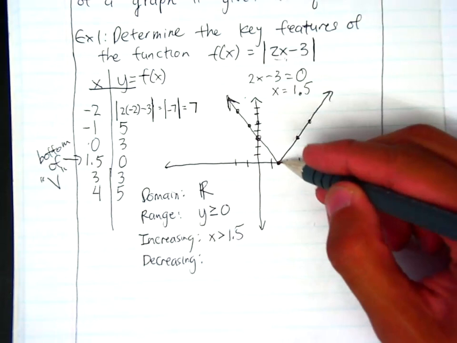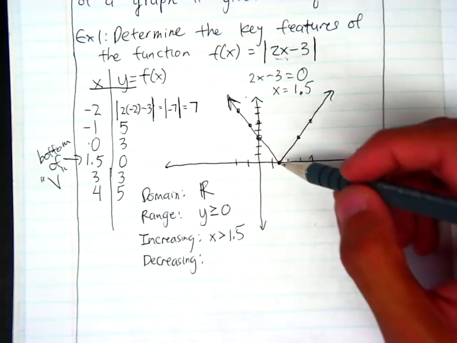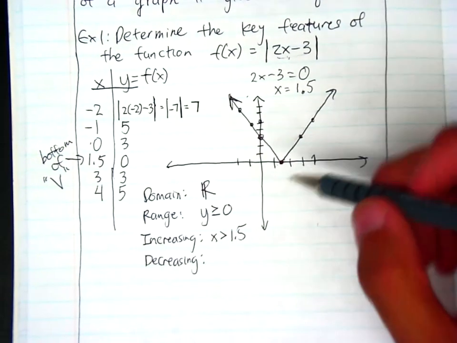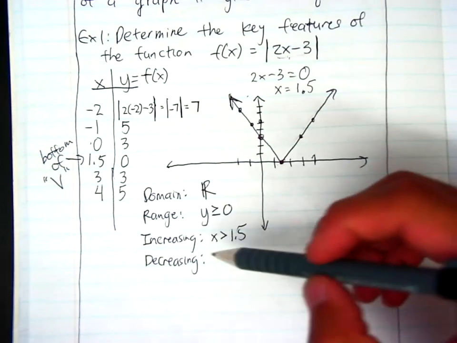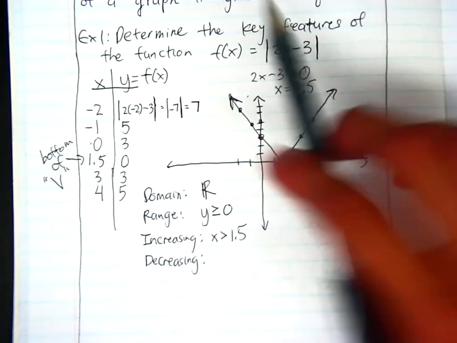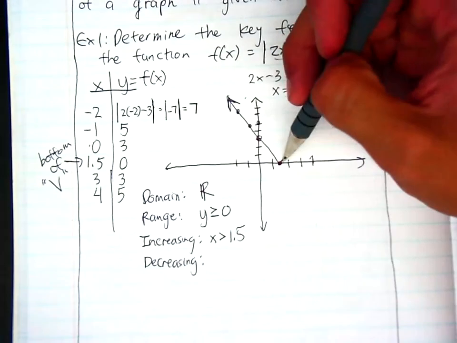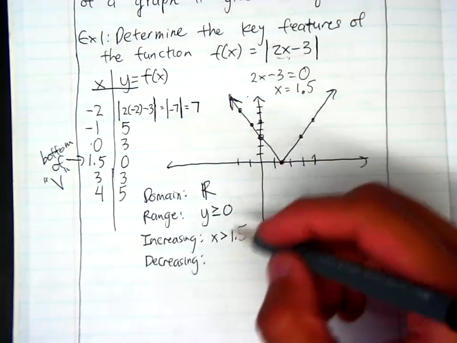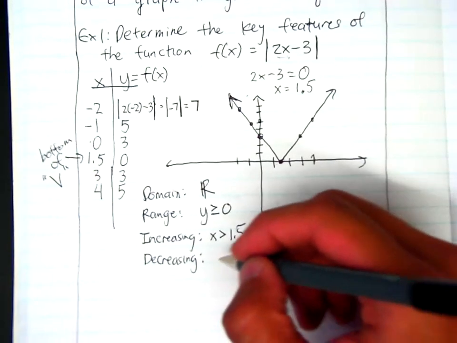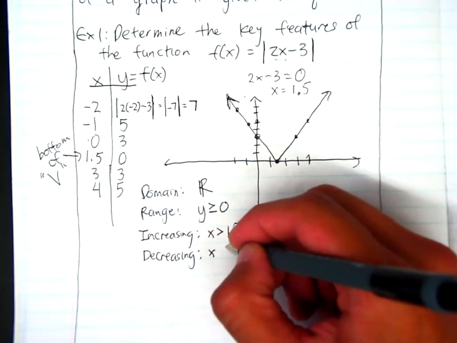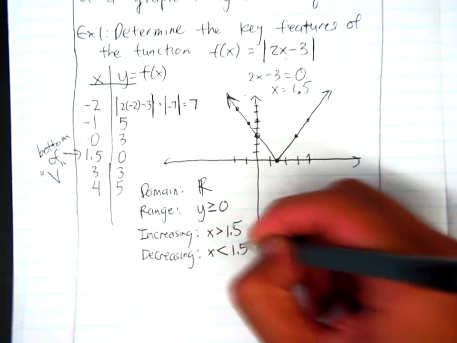I'm not going to count 1.5, because at 1.5 it doesn't increase or decrease. Okay, for decreasing, going left to right, it goes down from here all the way down. So it's going to be decreasing where x is less than 1.5.